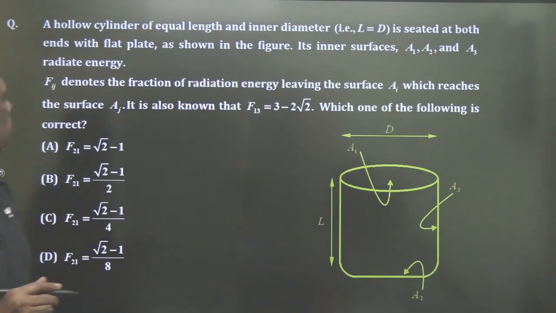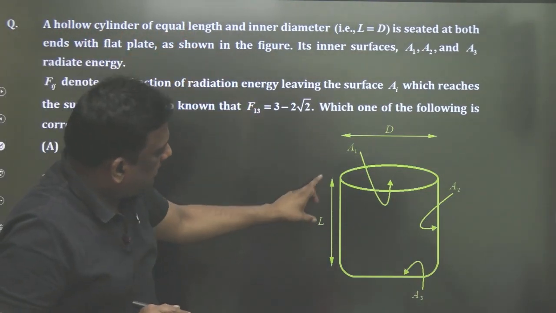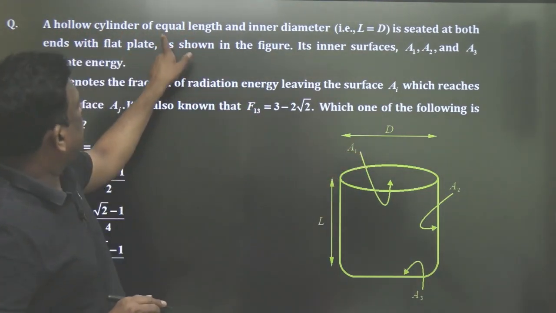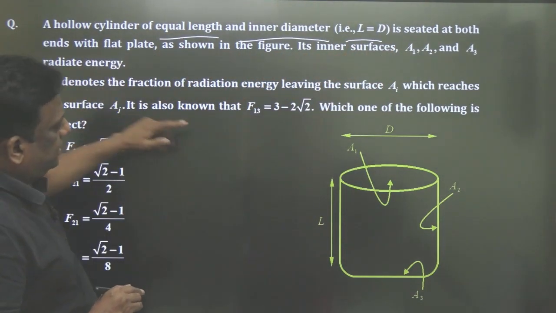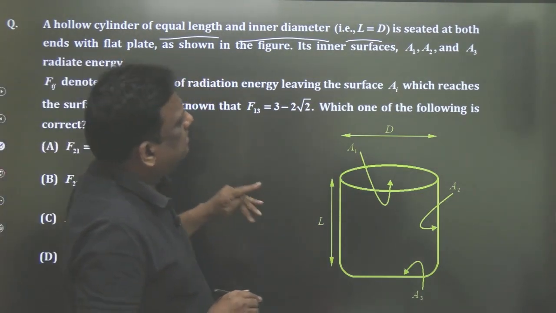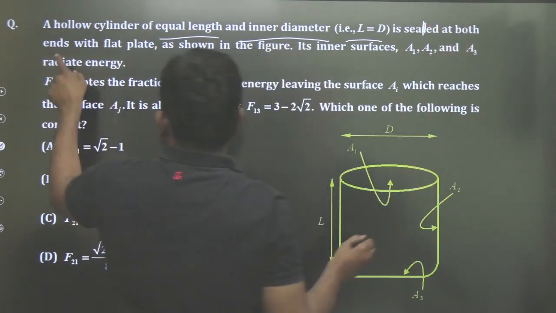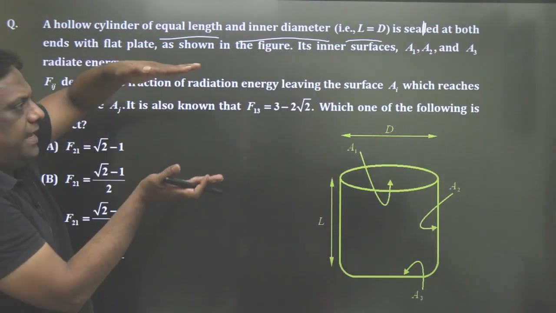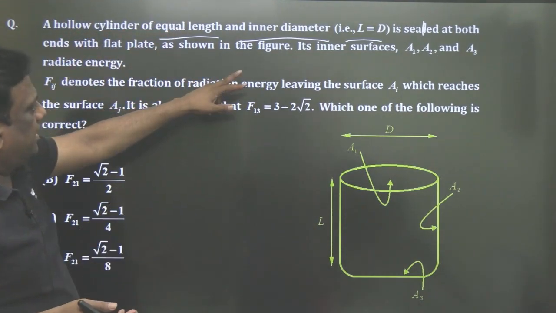A hollow cylinder of equal length and inner diameter, L, is sealed at both the ends with flat plates, as shown in the figure.